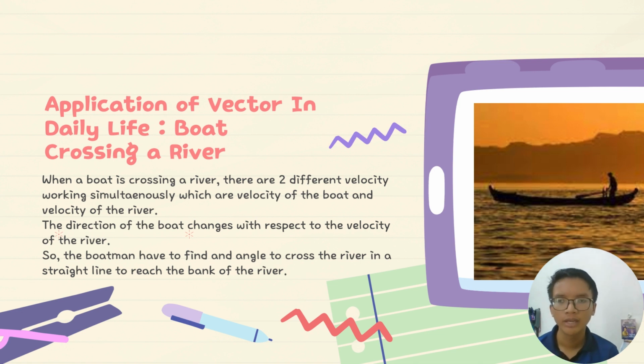The application of vector here is very important, because you cannot move in a straight line directly without knowing the angle, since the velocity of the river acts perpendicularly to the direction of the boat.